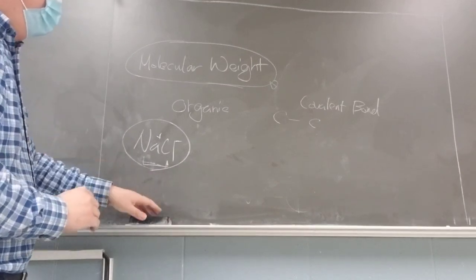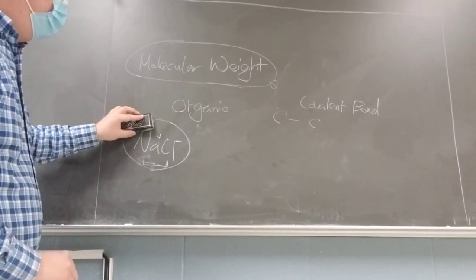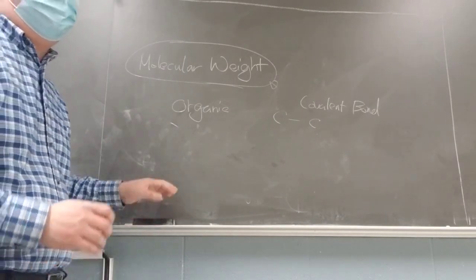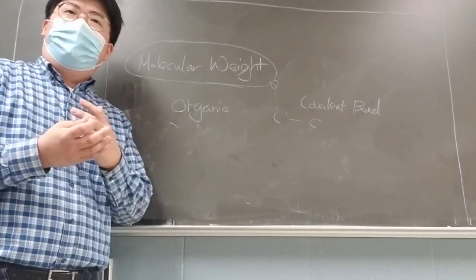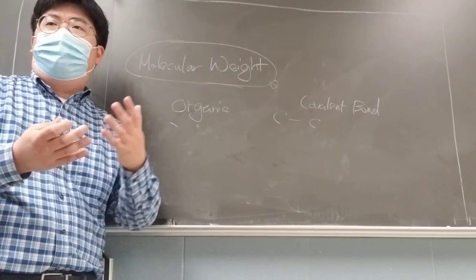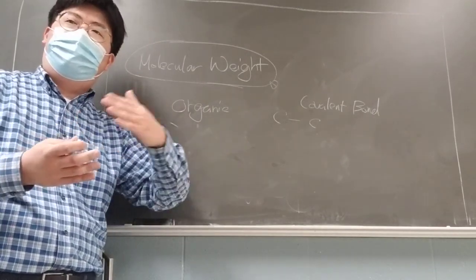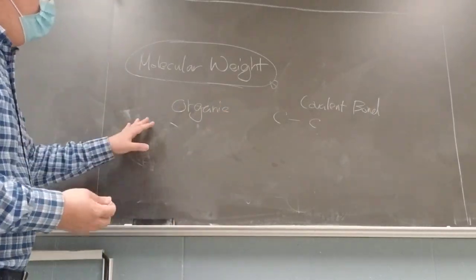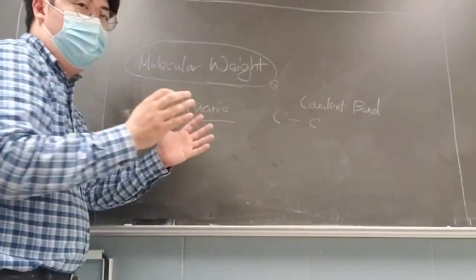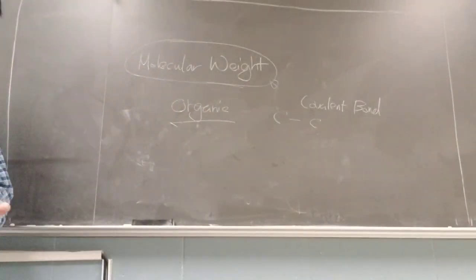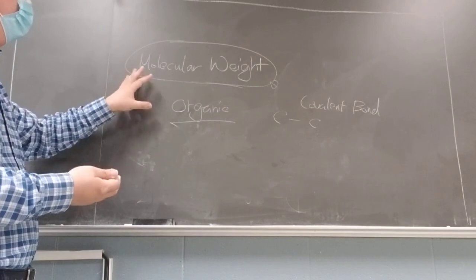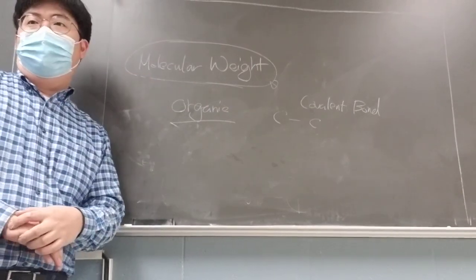To make it much easier to understand, if you see very obvious ionic compounds, just make sure you use formula weight, making sure that you're getting all the terminology right. If it's an organic compound or any compound made only with covalent bonds, you are also free to use the molecular weight as well.